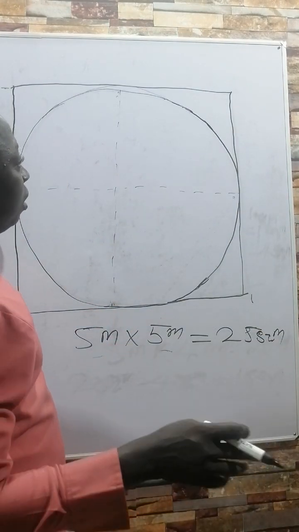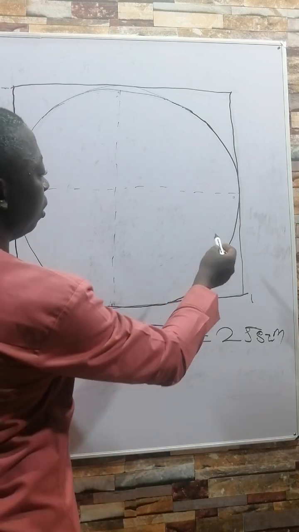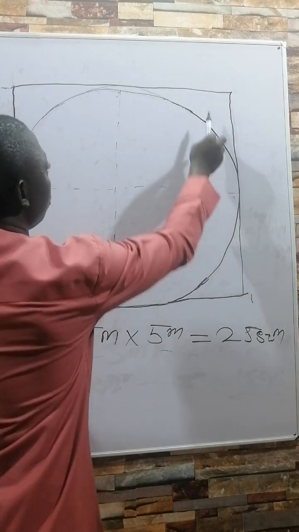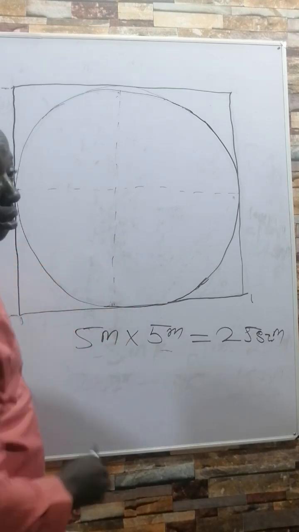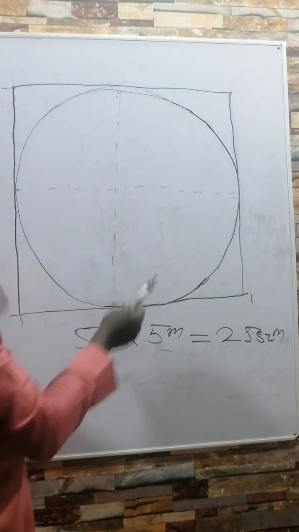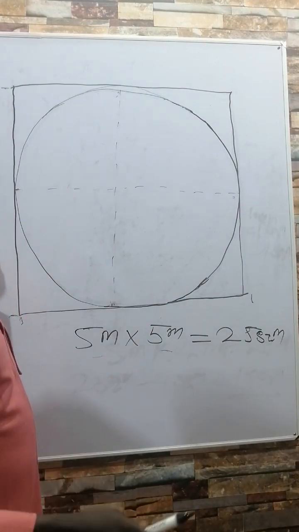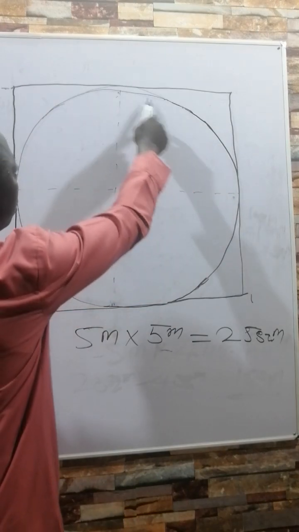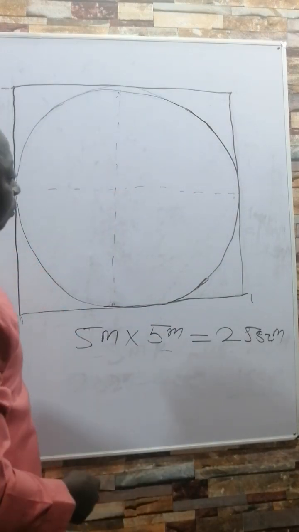Then what you're going to do is remove this area, 1, 2, 3, 4. You remove those areas from this area, then you get your total square meter of just the circle area.